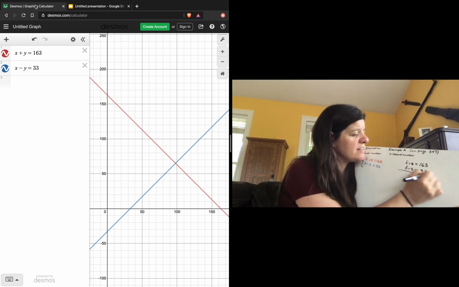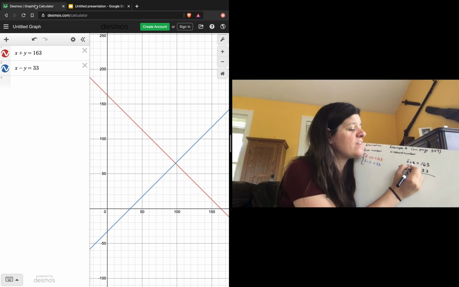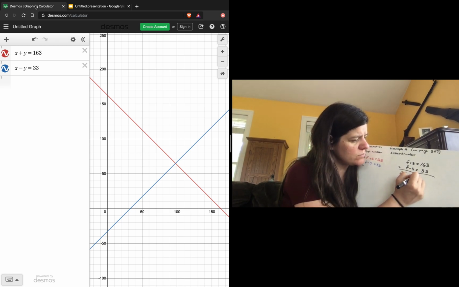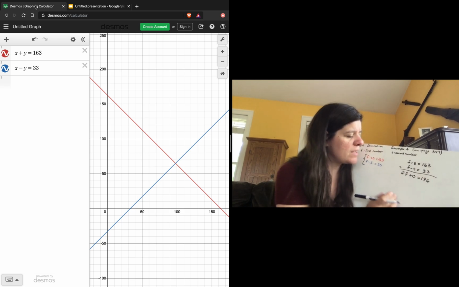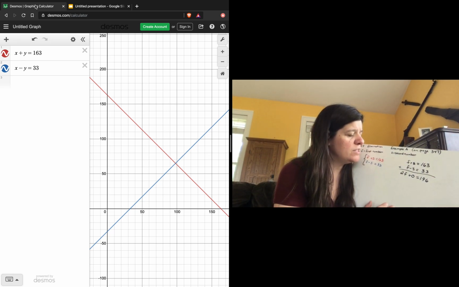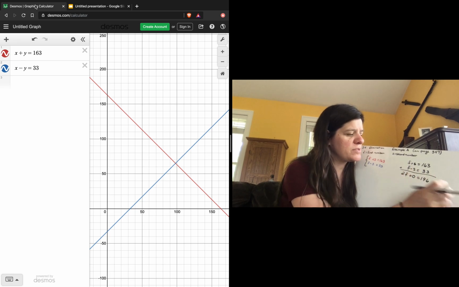So when I add these, right, I get f plus f, which is 2f. And then I have s plus negative s, which is 0. Okay? And then 163 plus 33. Okay? And now I have this new equation that I can work with. Okay, so I've changed this top one into this by adding the same thing to both sides.